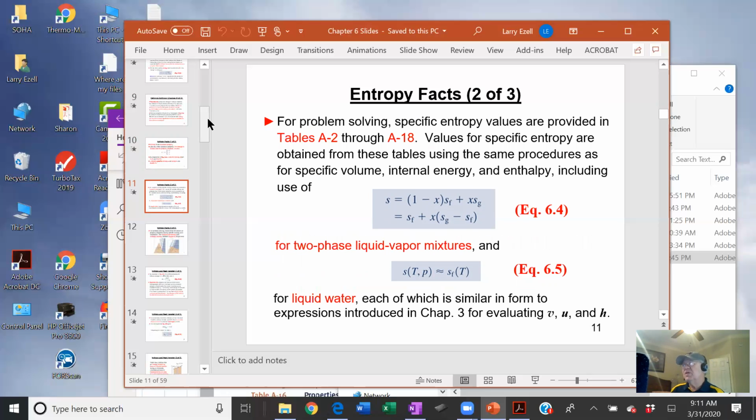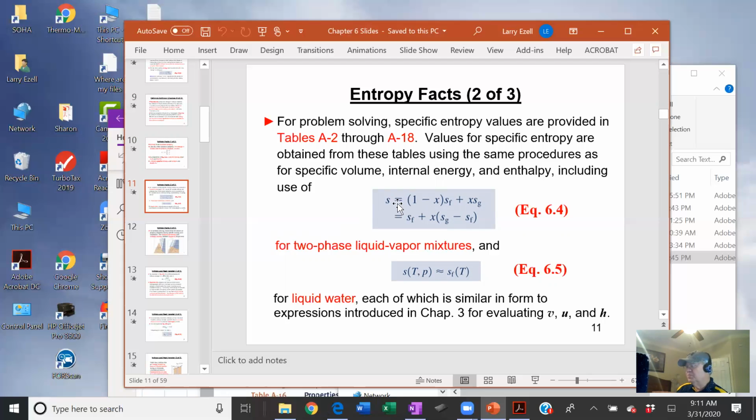Okay, the equations of entropy have exactly the same structure as the equations for enthalpy and internal energy and specific volume, in that when you have a mixture, the quality equations apply. For instance, this equation is identical to the quality equation for enthalpy, internal energy, and specific volume.